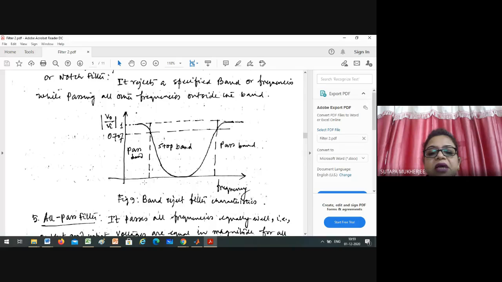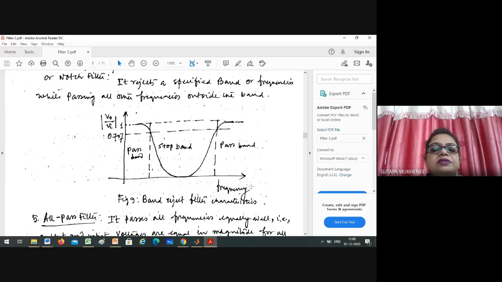Between the two frequencies no frequencies will be allowed to pass, and outside that they will be allowed to pass. So this is called band reject filter.